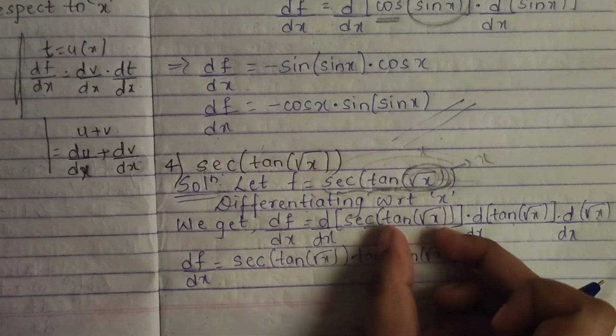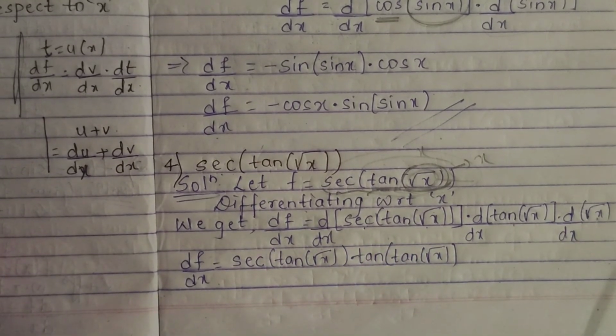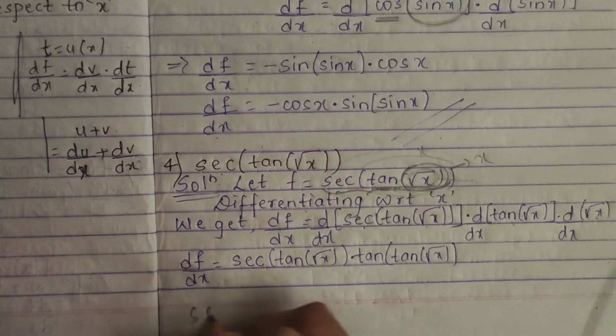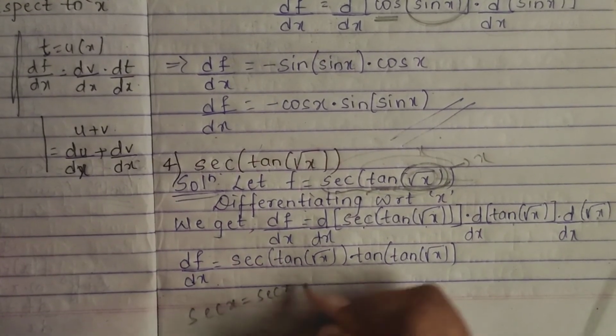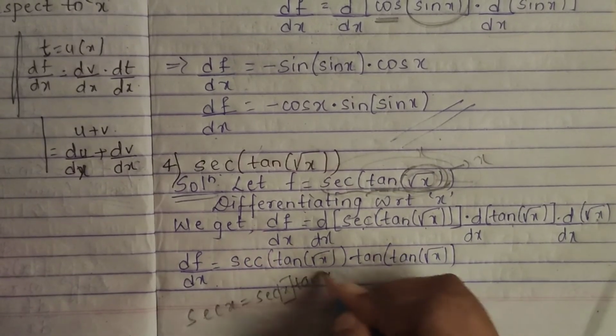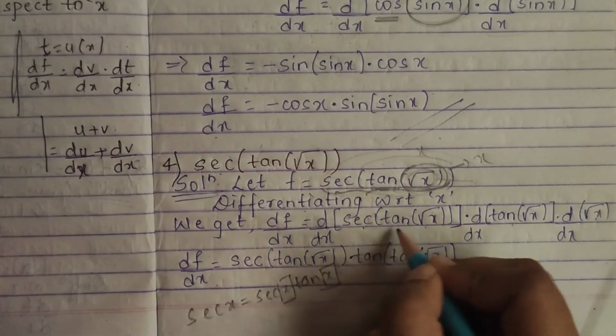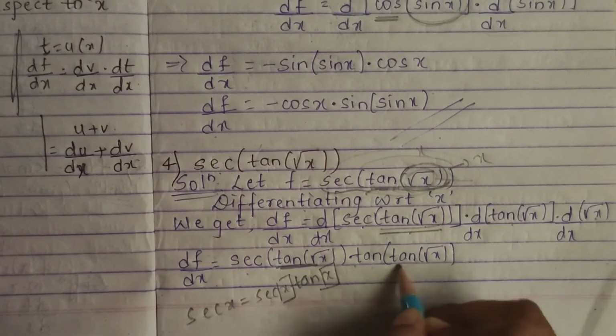Don't forget this is your whole x. Differentiation of sec x is sec x into tan x, and your x part is this, so it will be sec x into tan x.